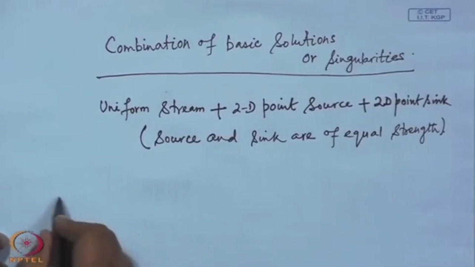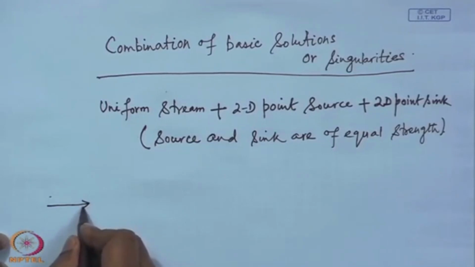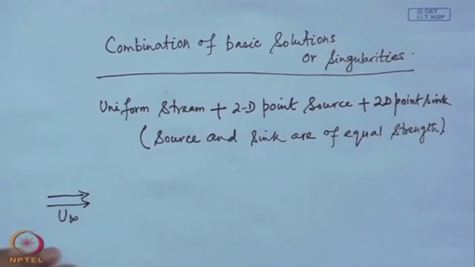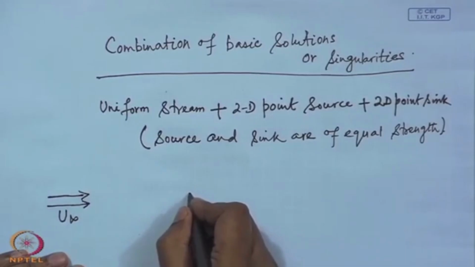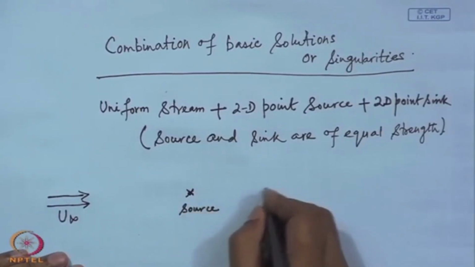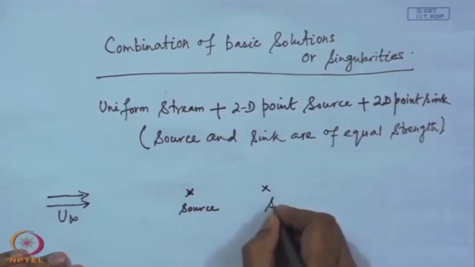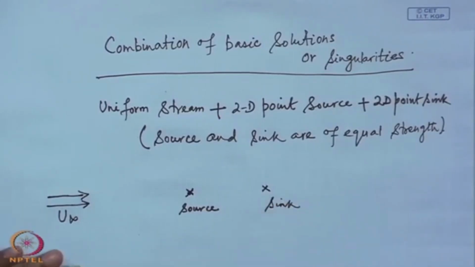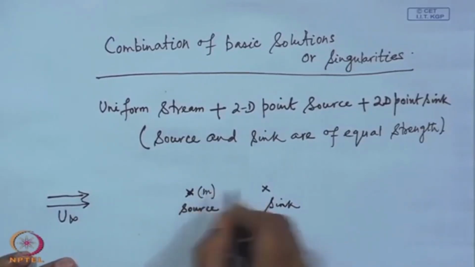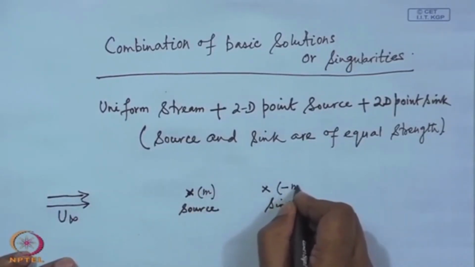Once again, let us consider a uniform stream from left to right with free stream velocity u infinity, and a source and sink. The source strength is m and the sink strength is minus m.